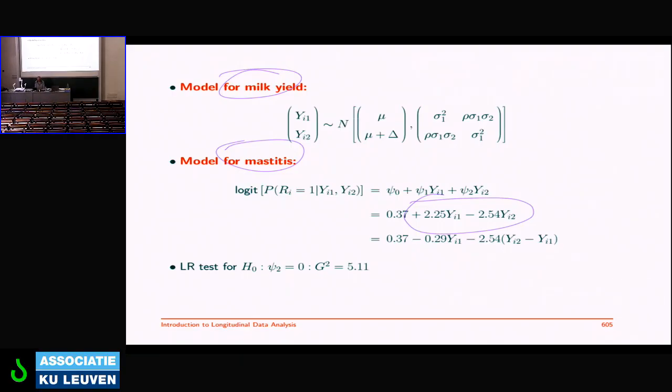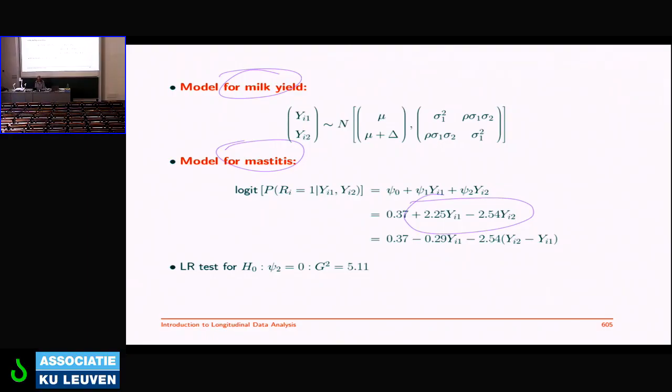Now, that's weird at first sight, because intuitively we may say, hey, wait, Y1 and Y2 are milk yields. They're highly correlated. Wouldn't you expect their effect to be the same? Well, no. Not necessarily, and that's seen if you recode a model.